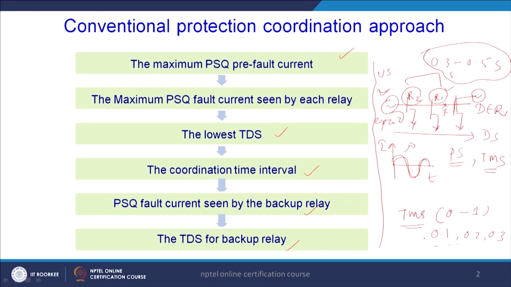Of course, this TMS setting is based on numerous simulation studies of the network. When these relay settings are done, we have to simulate the system or network sufficiently before installing the digital overcurrent relays or digital directional relays at the prescribed location where we are going to locate them.